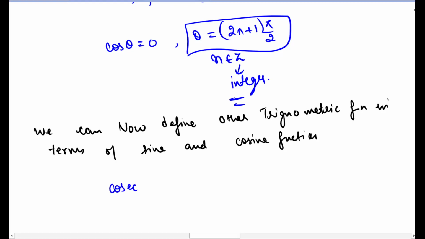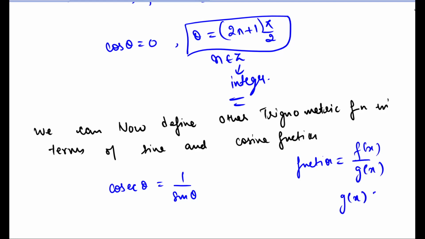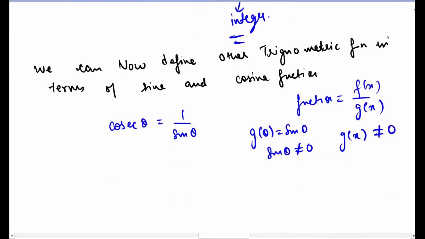So we have cosec theta and sine theta. From the concept of functions, this is a rational function f of x upon g of x, where g of x is not equal to 0. Here g of theta is sine theta, and sine theta should not be equal to 0. Therefore cosec theta is 1 by sine theta, where theta is not equal to n pi, because at theta equal to n pi, sine theta is equal to 0.